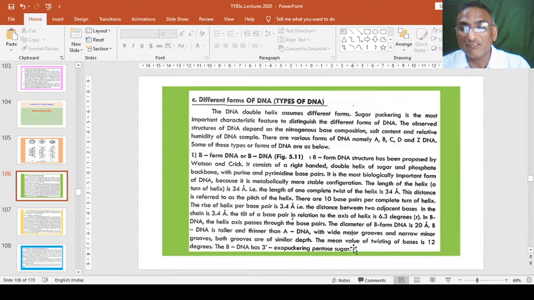The mean value of twisting of bases is 12 degrees. The bDNA has 3' endo puckering pentose sugar. So 3' endo puckering pentose sugar is the arrangement in B form.